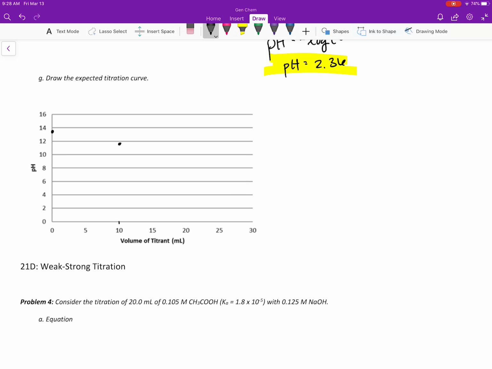The equivalence point we determined was 15, so that's where we'd have a pH of 7. And then at a volume of 18 added, the pH went down to 2.36. And we really don't know anything other than that because we don't have any other numbers. So now we're going to connect the dots as best as we can.